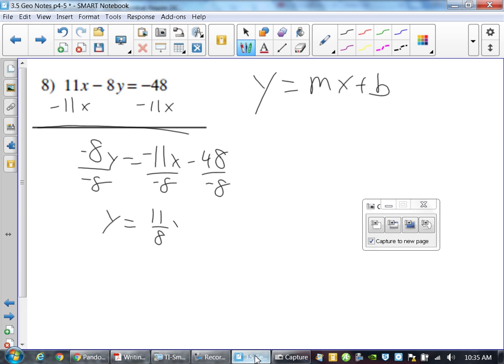So I get 11/8 x and what's negative? Yes. You're done. And now you're back to slope intercept. And that's how those work. Now, from there, what's your original slope? 11/8. What would be the perpendicular slope to 11/8? Negative 8/11. I know, it's when you get the weird ones here.